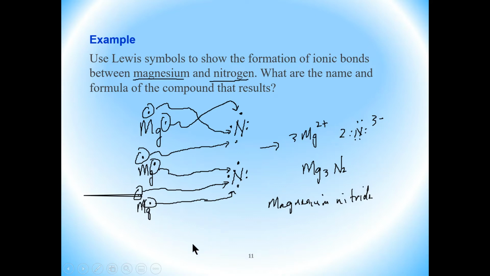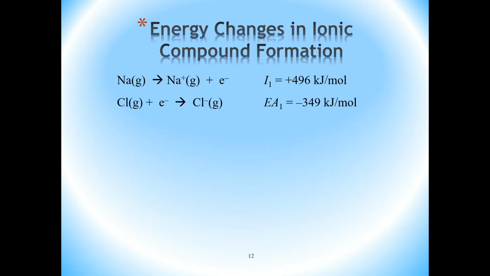The result of those electron transfers will be that you end up with 3 magnesium ions and 2 nitride ions, and therefore the formula for the compound would be Mg3N2, and the name of the compound would be magnesium nitride. So that shows you how we can use Lewis symbols to show the formation of ionic compounds from their constituent atoms.